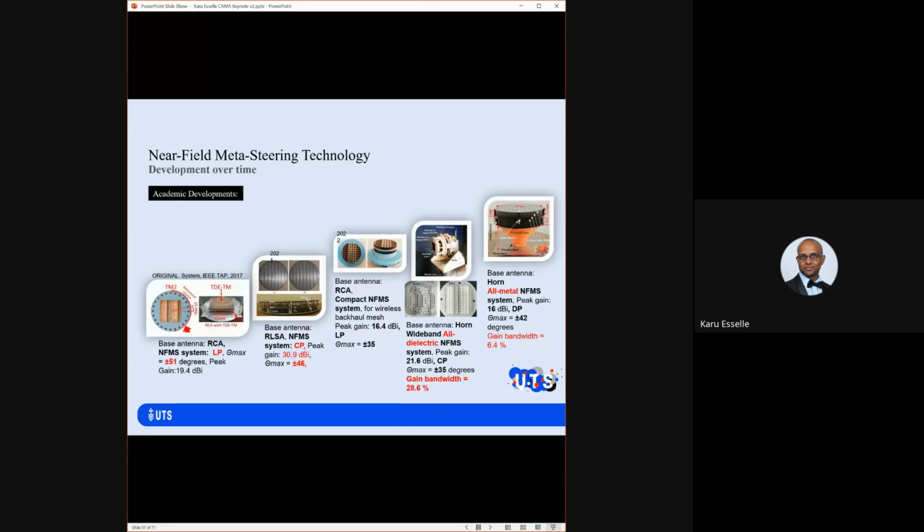This is another metasurface type. It's called all metal. There's no dielectric. This one is all dielectric. There's no metal. This one is all metal. There's no dielectric. Near field metasurfaces. We have some dual band ones.